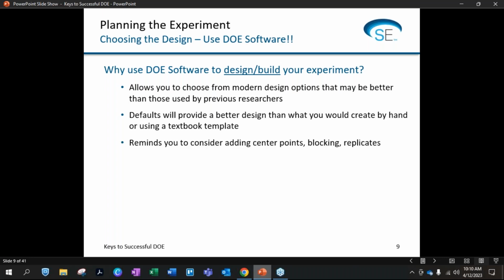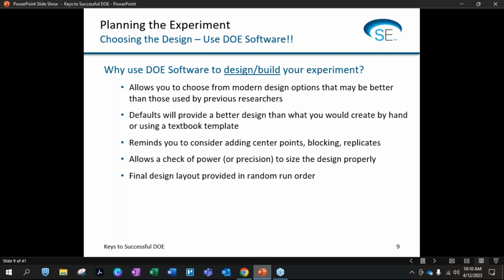The software is going to remind you to think about adding center points or doing something like blocking or adding replicates, all of these extra add-ons that are probably not something you're going to think about on your own. The software is also going to check power or precision so that you can make sure that you have the right sample size for your design.